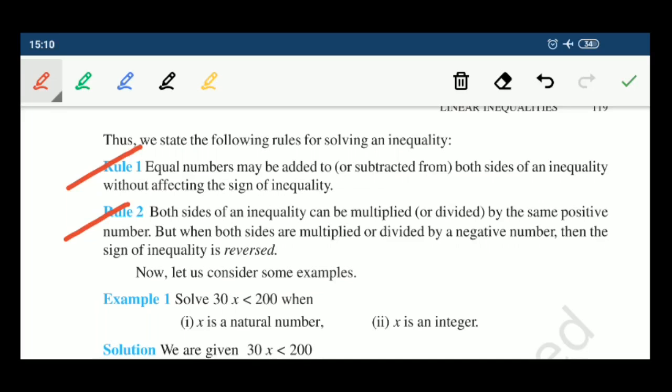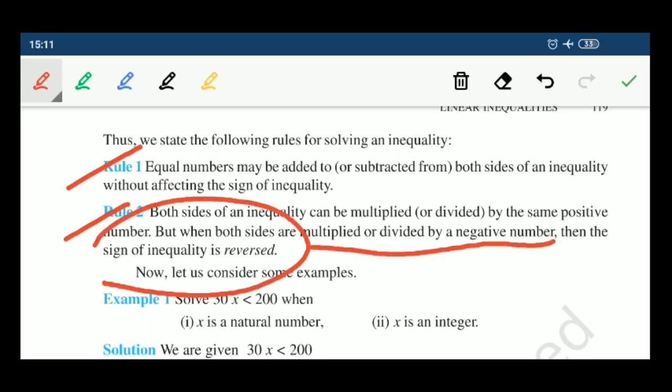Now see your second part. You will do the first step in the same way. The value of x is less than 20 by 3, again approximately 6.6. But in the previous part you found the value of x when x is a natural number, and here you will find the value of x when it is an integer.